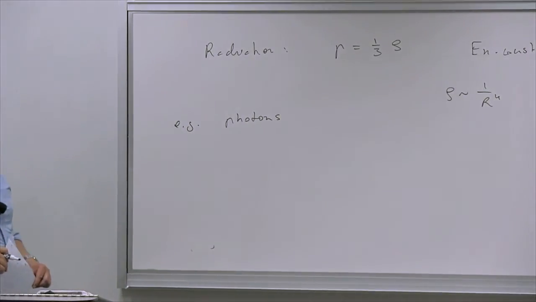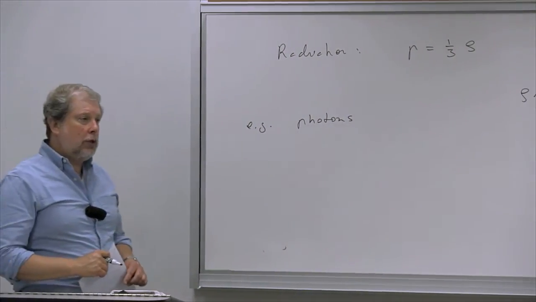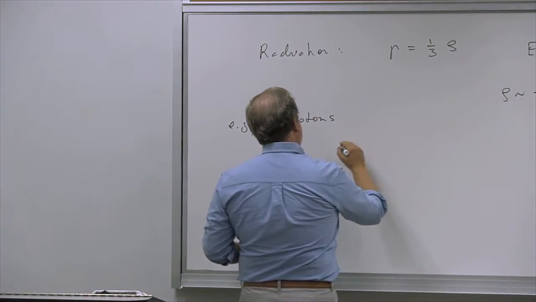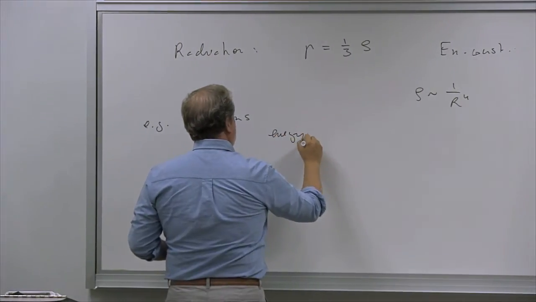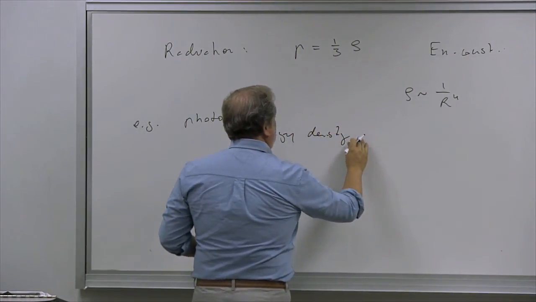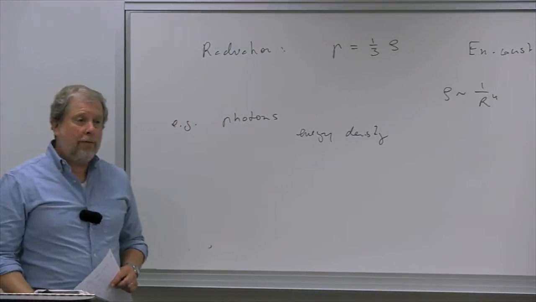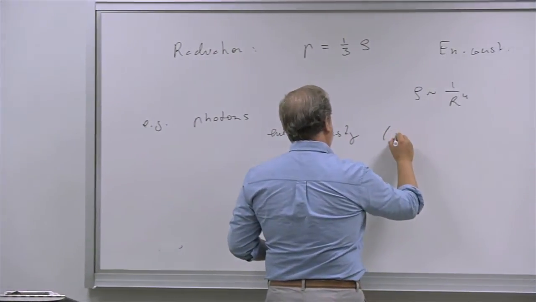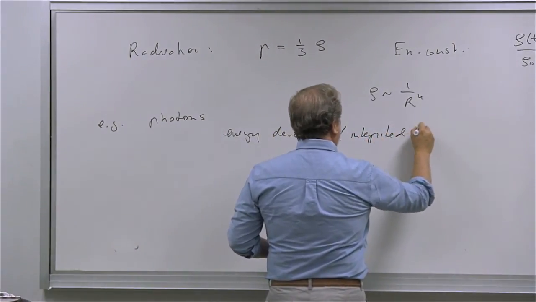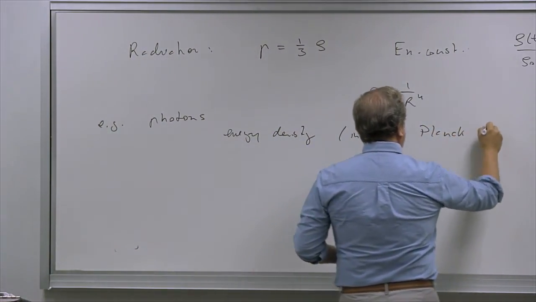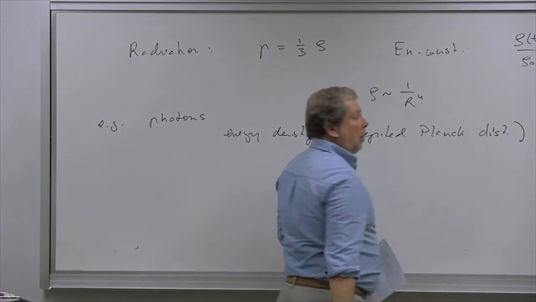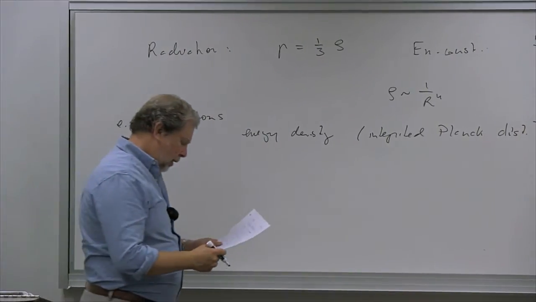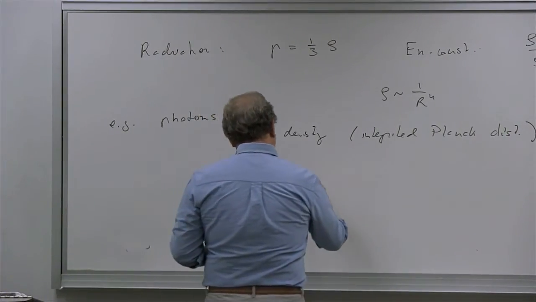The energy density for a gas of photons is known. It is the energy density per unit volume, integrated over all frequencies. So this is the integrated Planck distribution: that energy density integrated over all frequencies is the Stefan-Boltzmann law.